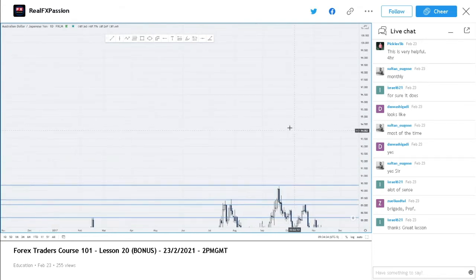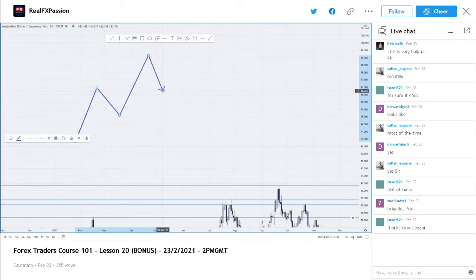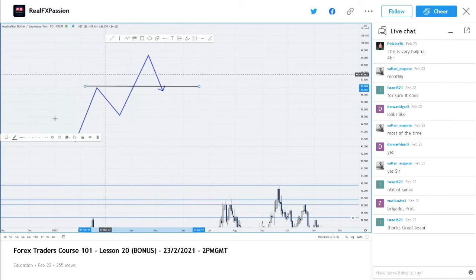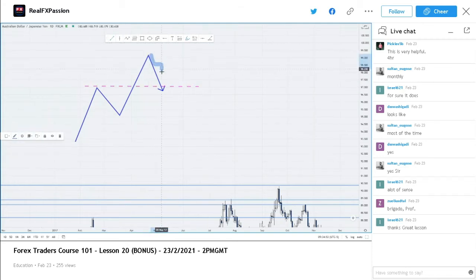One more, everybody. So past support, right? In theory, what we are looking for is this. This is theory, and talking about the theory, this is what we are looking for. We are looking for an up retracement to come to this level, and this is going to increase our probability, right?